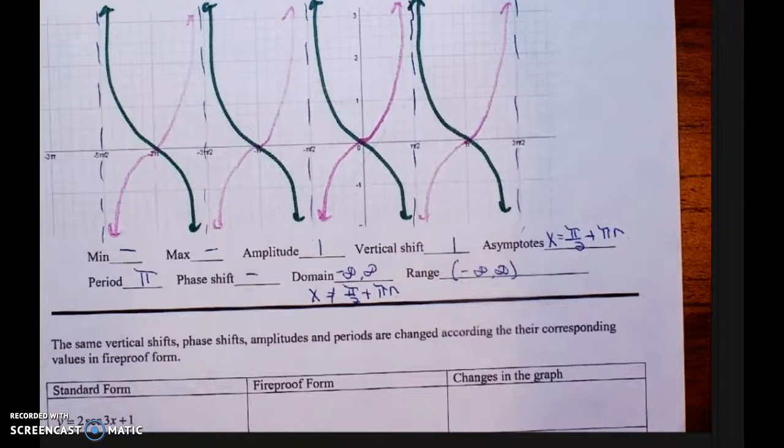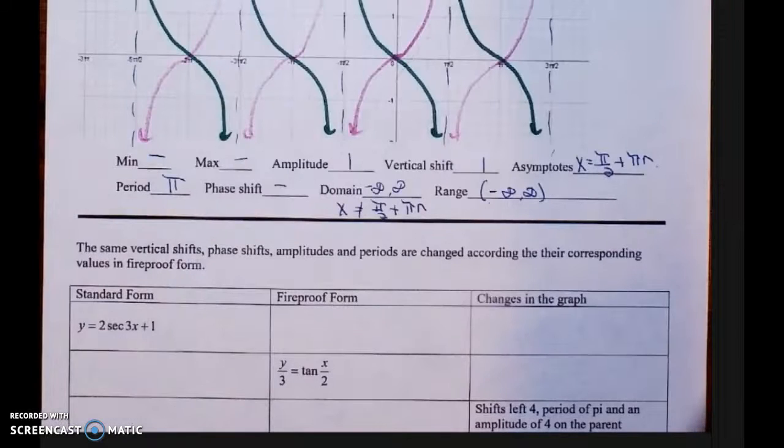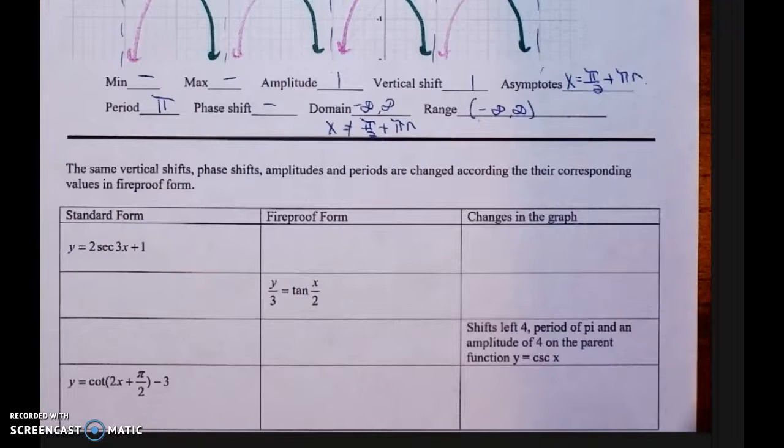We will not emphasize these graphs near as much as we did the cosine, the sine. However, those same properties that we talked about with respect to the sine and cosine are still true here, meaning we still have the vertical shifts, phase shifts, etc.